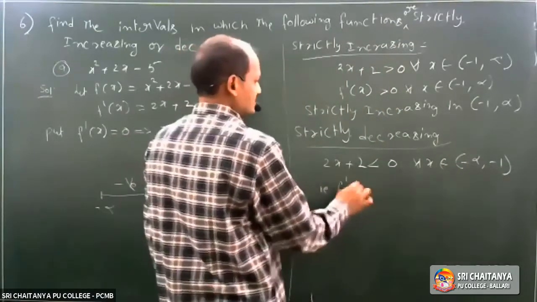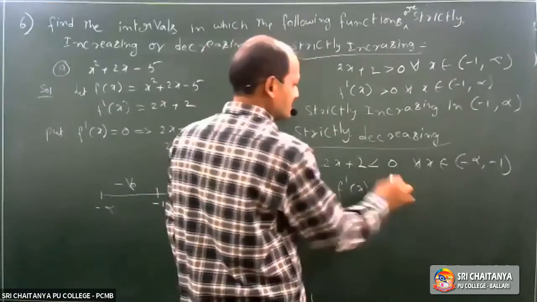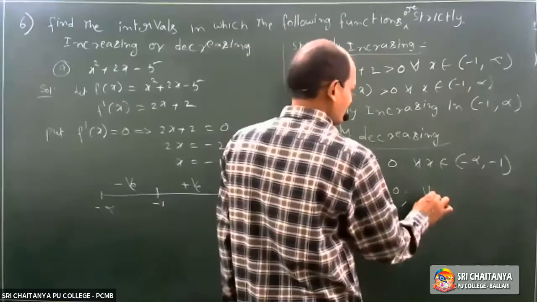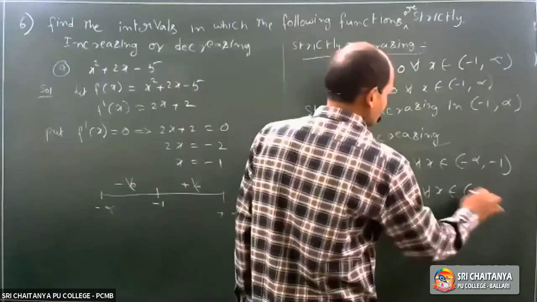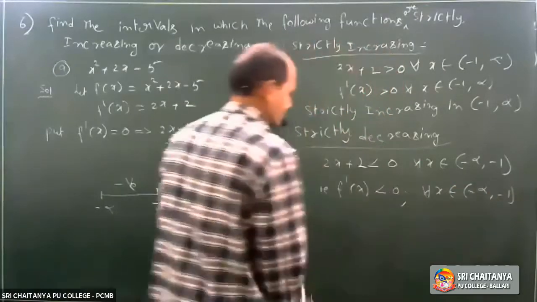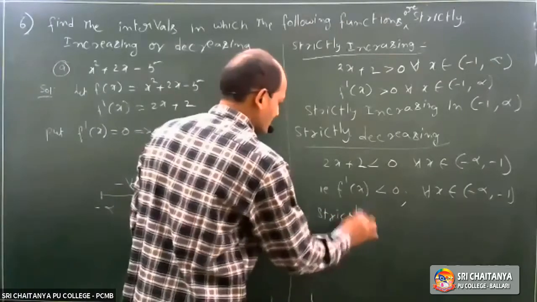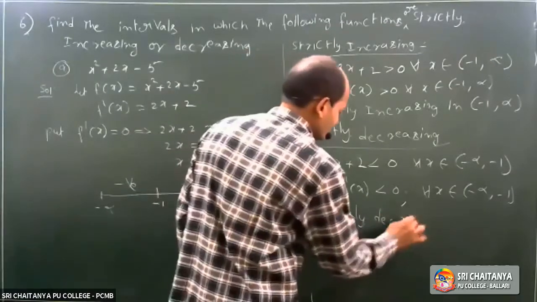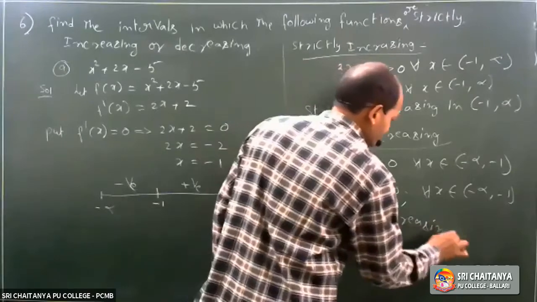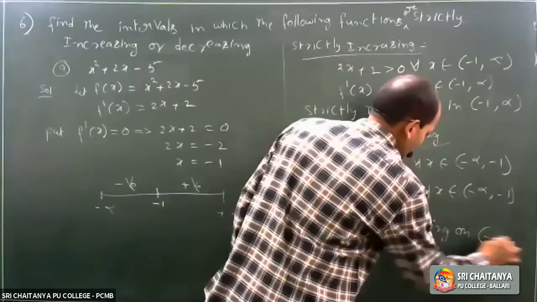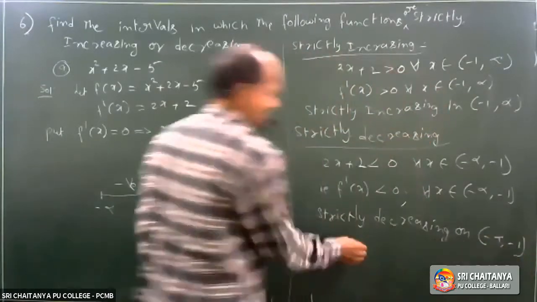That is, f dash of x is less than 0 for x belongs to minus infinity to minus 1. Therefore, it is strictly decreasing on minus infinity to minus 1.